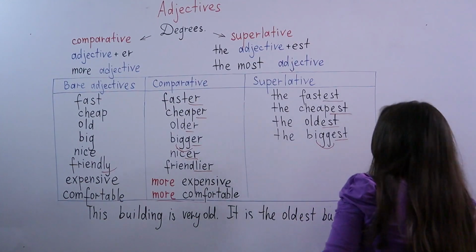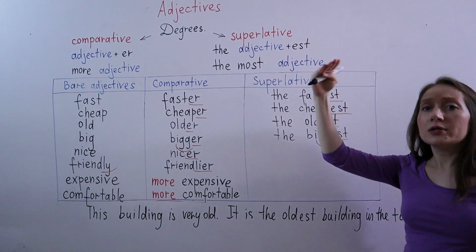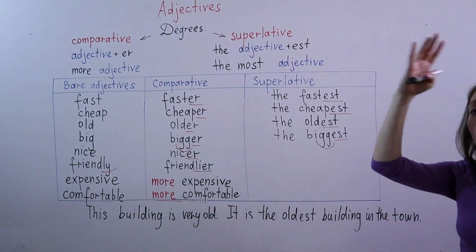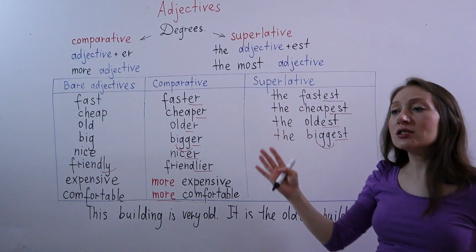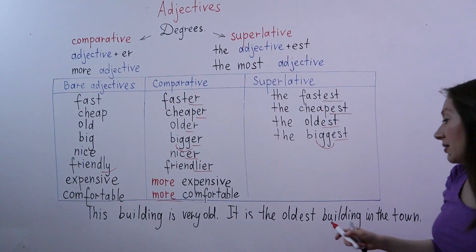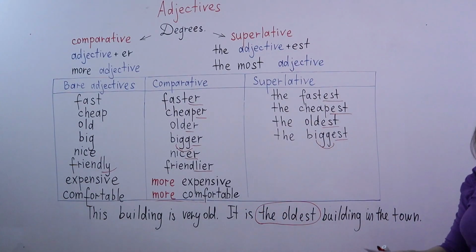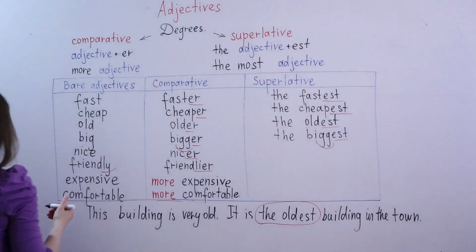This building is very old. It is the oldest building in the town. It means in the whole town, we have the category here. In the whole town, it is the oldest building, right? The oldest.